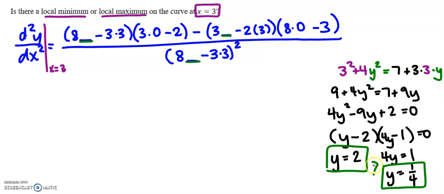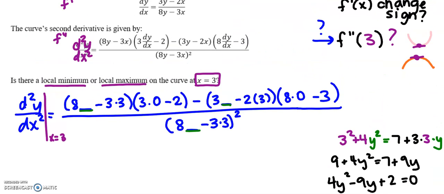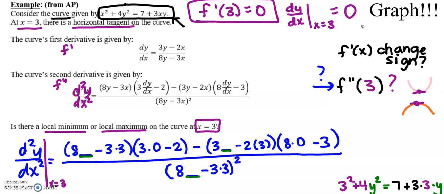But only at one of these do I have a derivative that's equal to 0. So let's see if we can find y from this. I get 3y over 8y minus 2 times 3 is 6, 3 times 3 is 9.